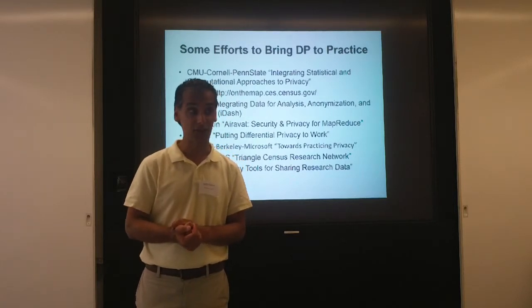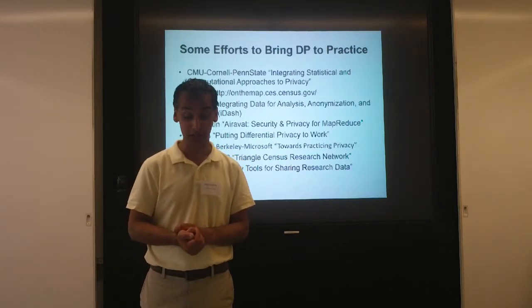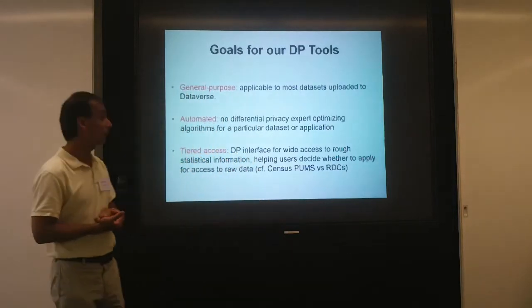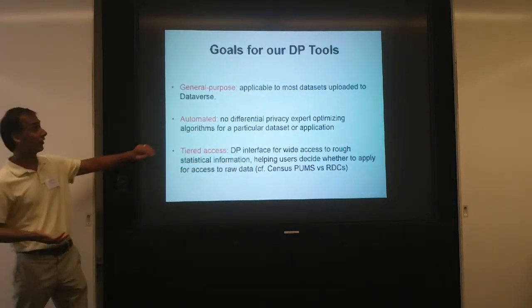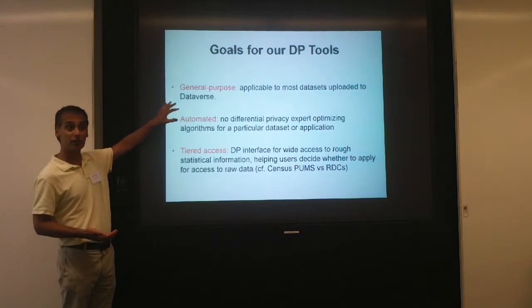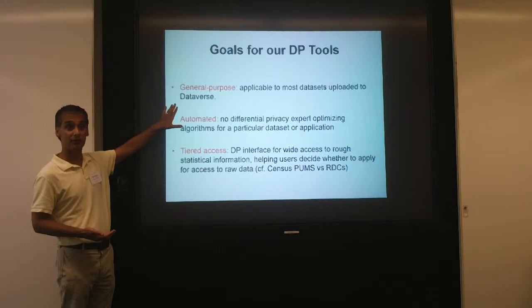There are a lot of efforts going on around the world to bring differential privacy to practice, including here in this project. I think what distinguishes our efforts from the others, one is that we're trying to do things that are more general purpose than what most of the efforts are trying to do.